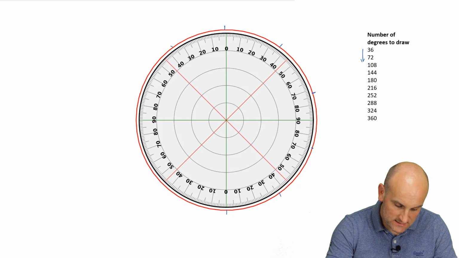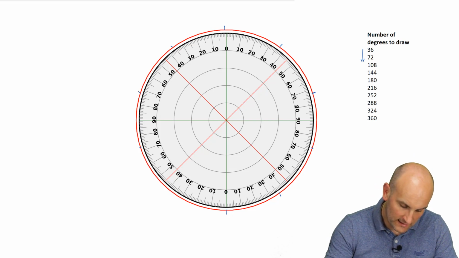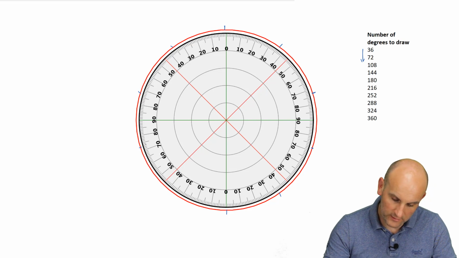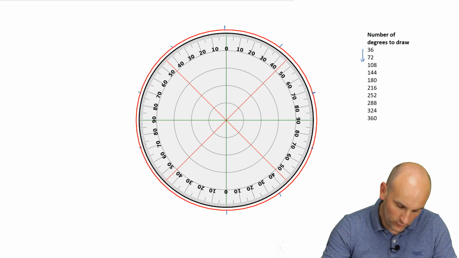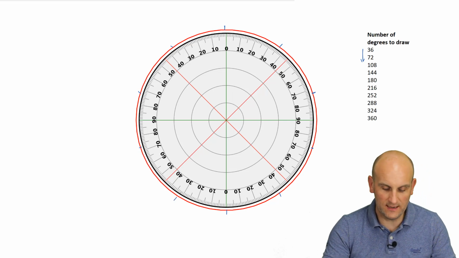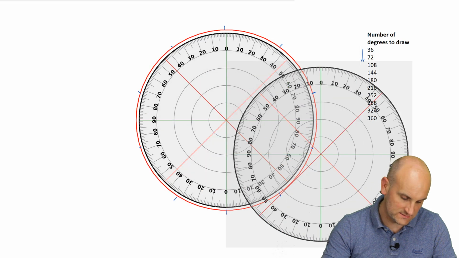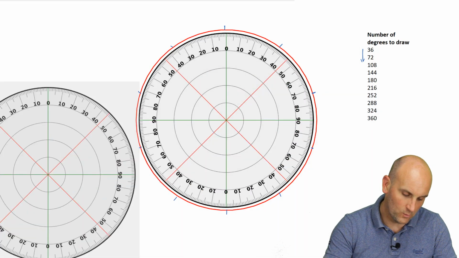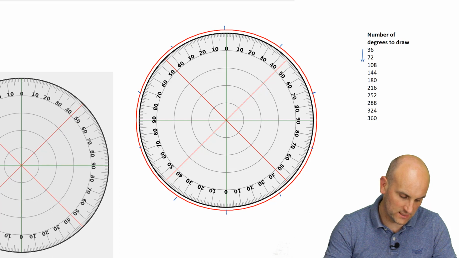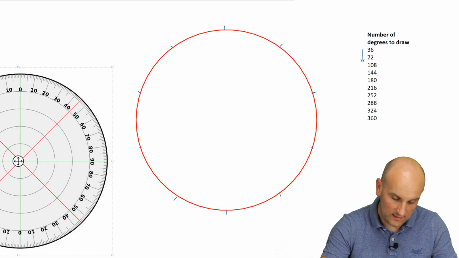There is 36, there is 72, there is 108, and what else did I want? 144, and then my last one there. Now hopefully this will allow me to move the protractor away. Let's move it over here, away from my picture to allow me now to see what I want to do.